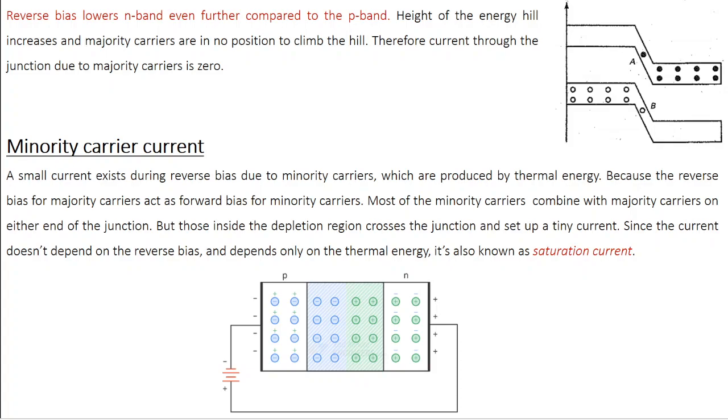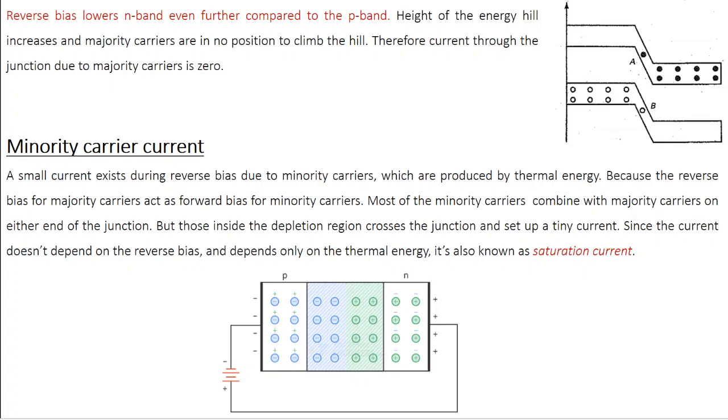Now, does this mean that there is absolutely no current during reverse bias? No, because so far what we have discussed is the case of majority carriers only. But as we know, in a doped semiconductor, in addition to majority carriers, we also have minority carriers, right?